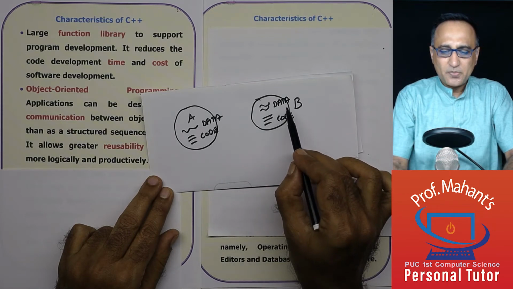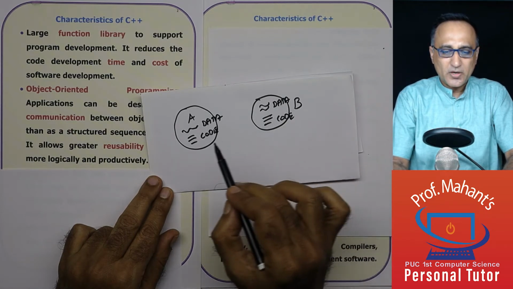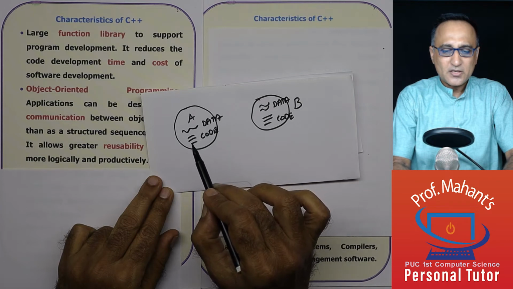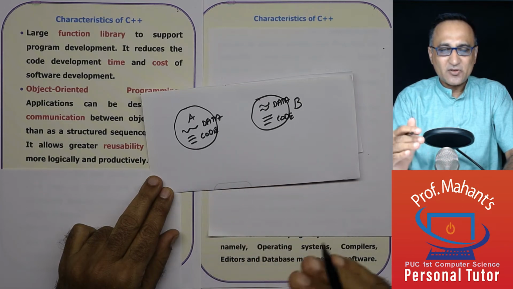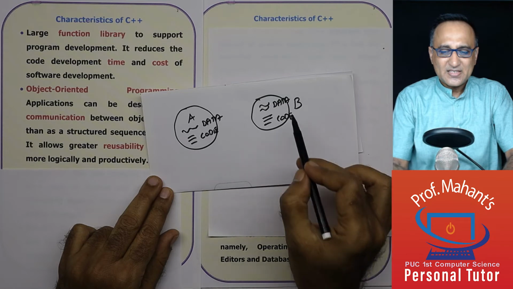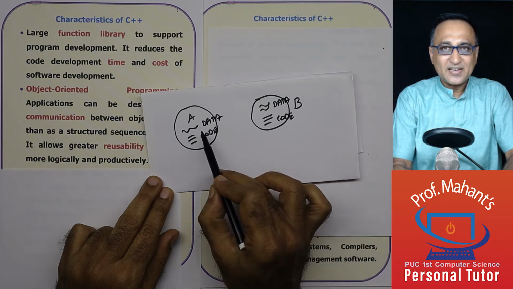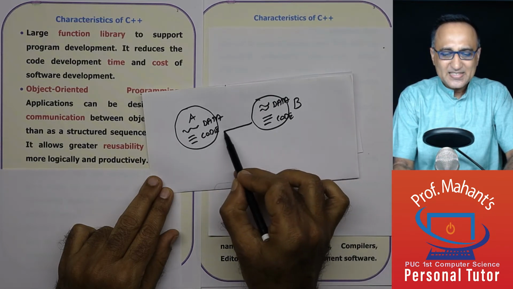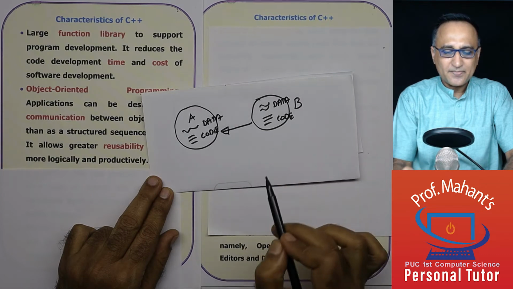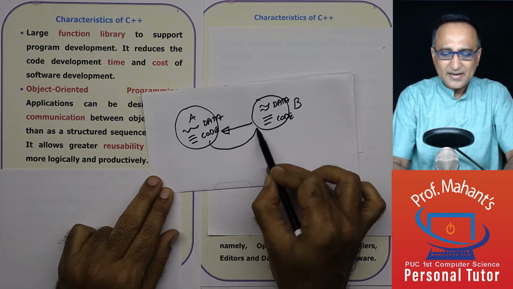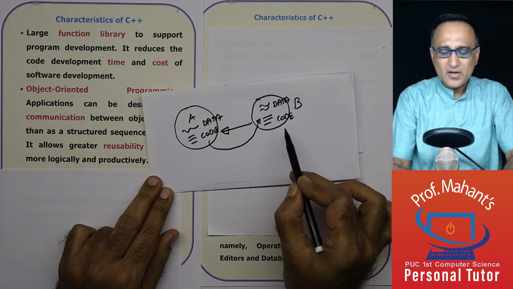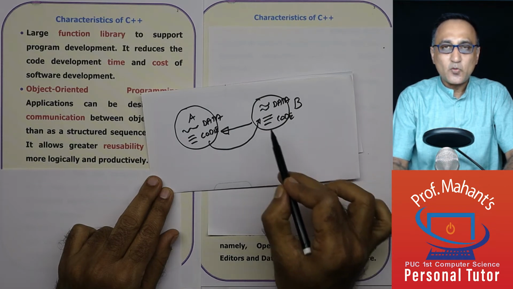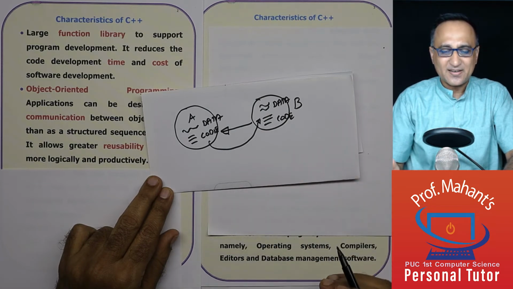Object B contains code which is used to calculate your subject percentage as well as your rank in your class. Since object B does not contain the data required to calculate it, it just sends a request to object A. Object A will pass on that data to object B's code and object B's code can utilize that and process the results.